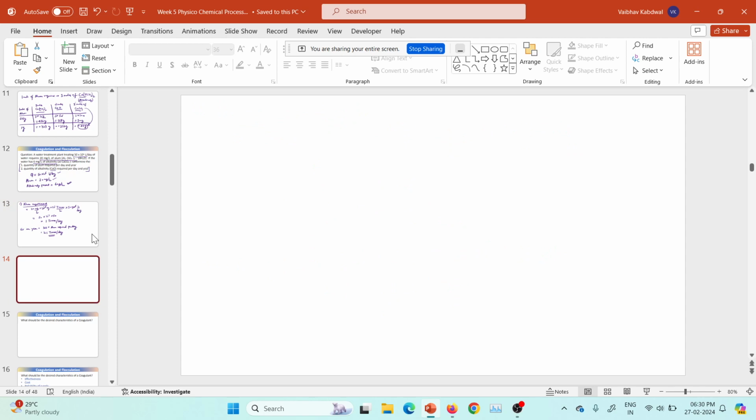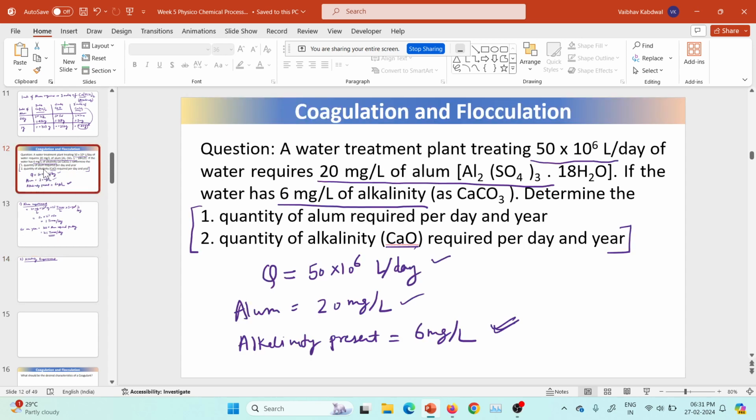Now we will proceed to the alkalinity requirement. So we directly calculate the CaO required.